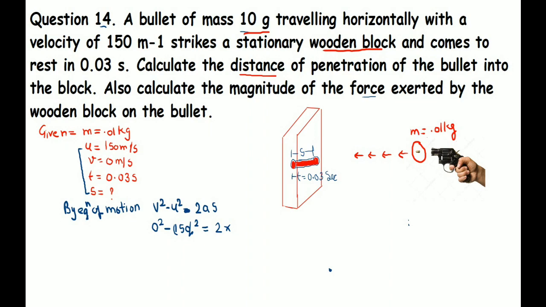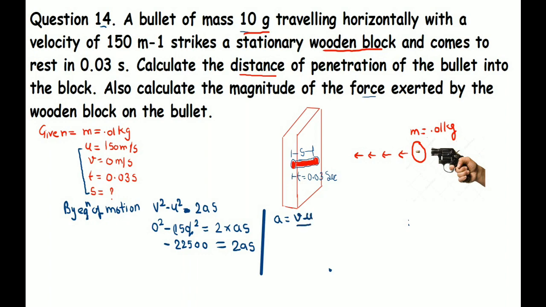Now I am writing a and s together because we don't have the values of these two variables over here. So by solving this I can write 15 square, that will become 225, 0 square will become 0, is equal to twice of a s. Correct. Now I stop myself because I cannot solve beyond this.